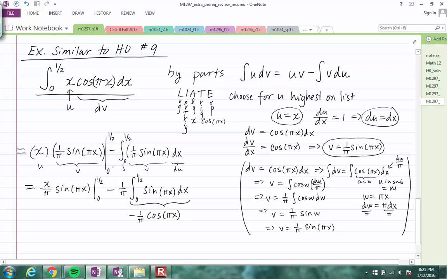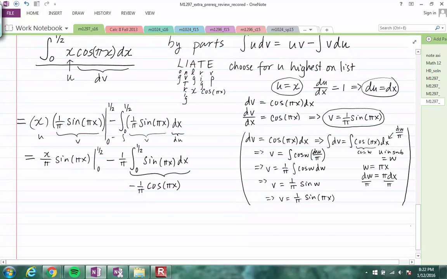And that's the same type of reasoning we went through to find this v over here when our dv over dx, or derivative of v, was cosine of pi x. So you can go through that process if you can't get it right away, but not going through that whole substitution process. When you get better at this, like you are in Calc 2, then it's best to not write that down at some point if you can.